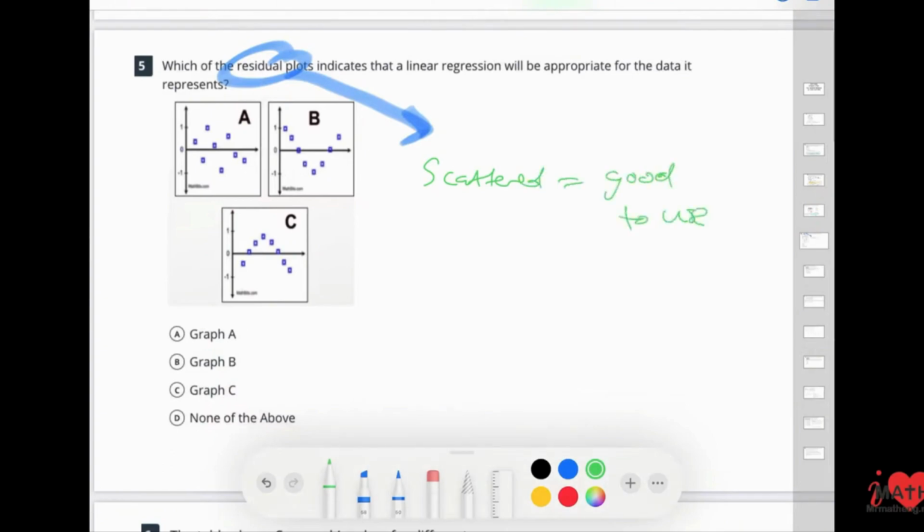In this case, we're looking for it as a linear. Which one is more scattered? This is patterned, right? So I'm not going to use that one. Same thing, patterned. This one's scattered, so this one is good. I'm going to use graph A for number 5.